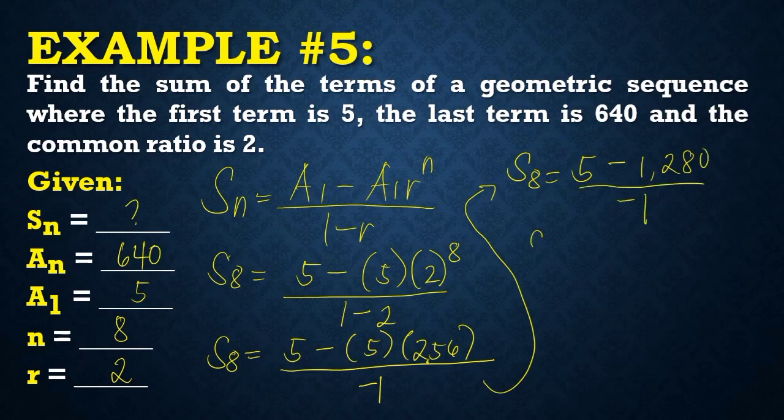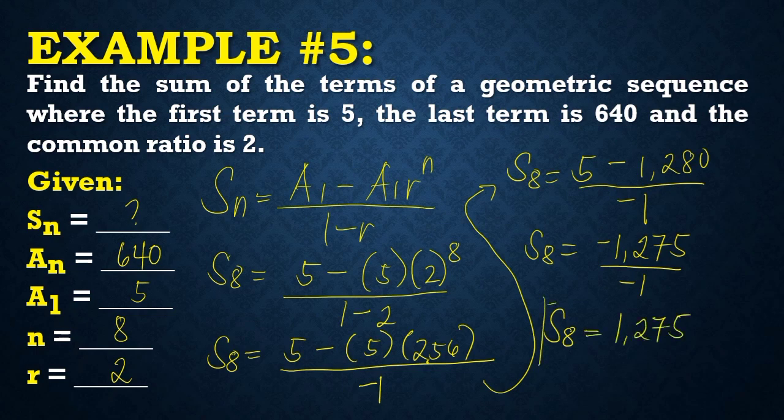And then S sub 8 is equal to, so 5 minus 1,280 is negative 1,275. And then if we divide it by negative 1, so our final answer will be 1,275. It's because negative divided by negative, that is positive. This means that the sum of the 8 terms of the given geometric sequence is 1,275.